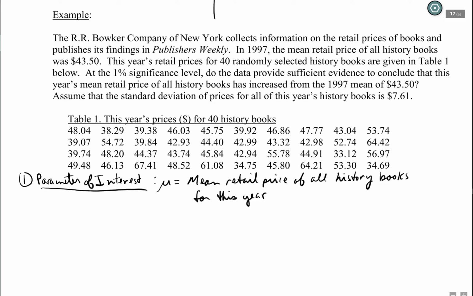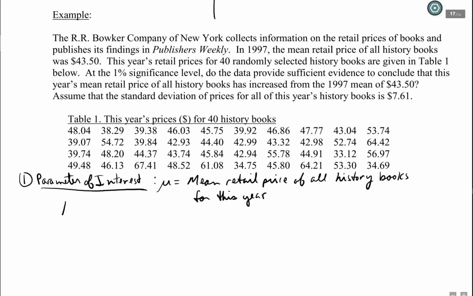And there's a claim, or a question, that has been asked about that. Has this mean increased from the 1997 mean, which was 43.50? So that's the claim we want to test. Okay, so that claim we want to test, I'm going to put in the alternative hypothesis first.